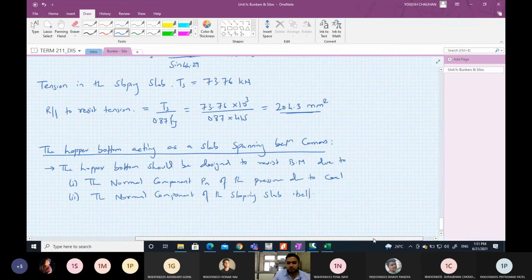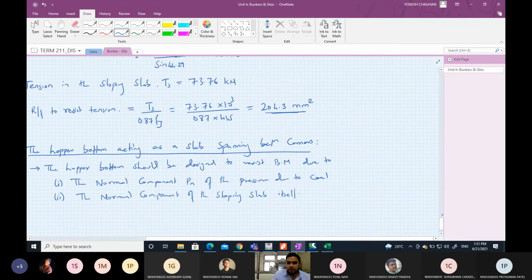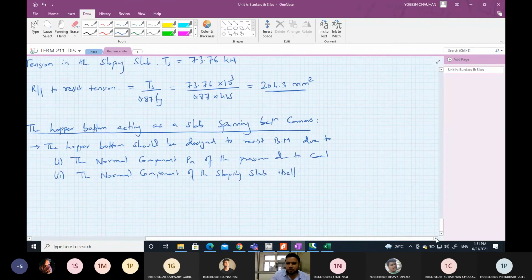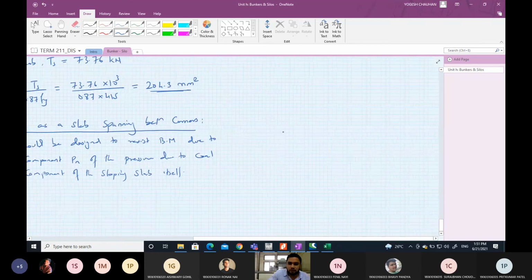Okay, that means you have to design this slab subjected to bending also.